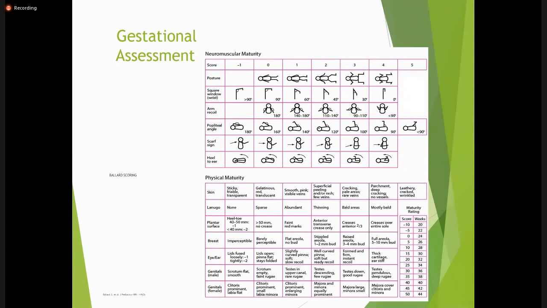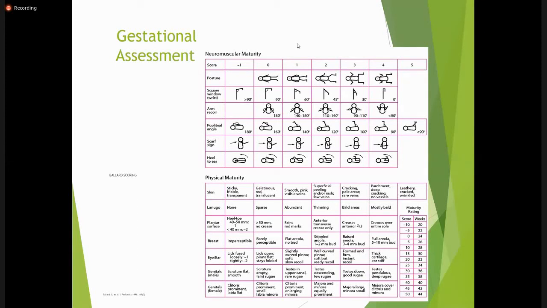So how to go about it, because ultrasounds are also not available. In that case, when the baby is there, you can use this gestational assessment tool, and you don't have to remember all these parameters, because this chart is available and you just have to follow this chart.